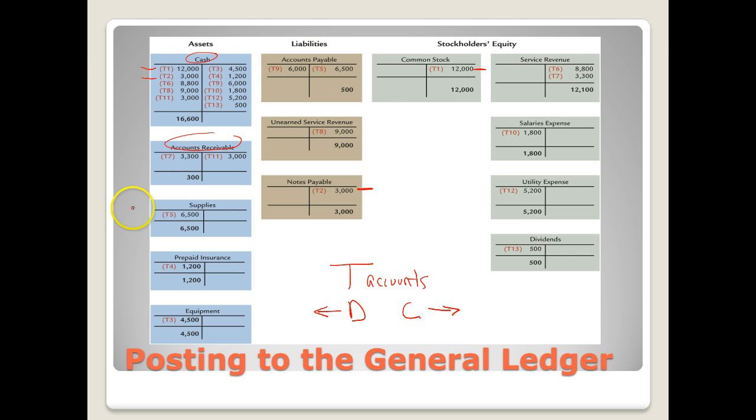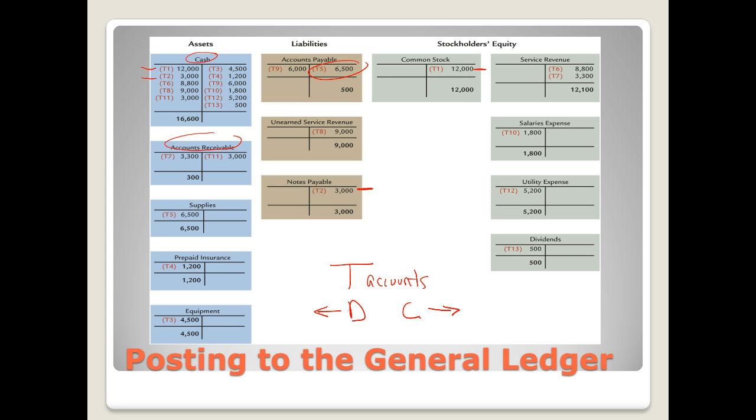For the fifth transaction, if you recall, they got $6,500 in supplies, which was an increase to the supplies asset account, but they purchased it initially on credit, which was an increase to the accounts payable liability account.